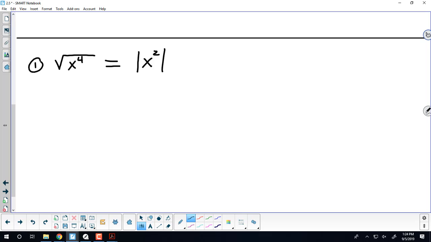I would say that's correct. However, do we need the absolute value there? No. How come we don't? Because anything squared is already positive, right? So the absolute value of x squared is just x squared.